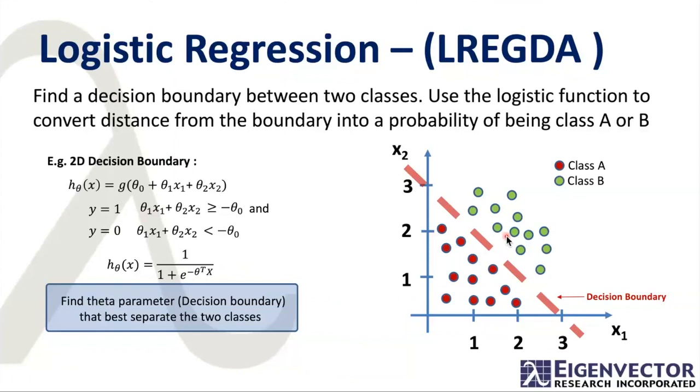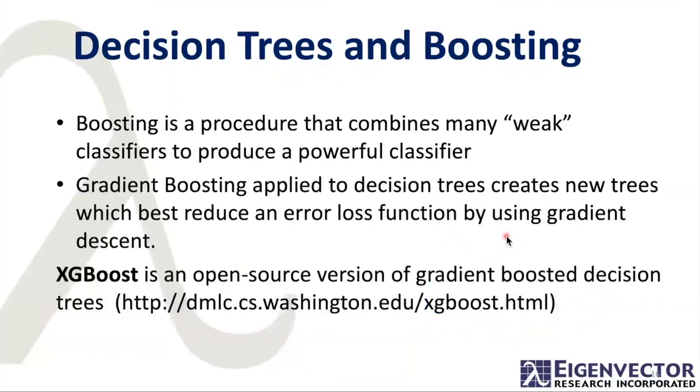Okay, next slide. A recent one that we added, as I mentioned on the lower part of the slide, is XGBoost. That's a gradient boosted decision tree ensemble method. The idea behind boosting of a classifier is that you take a collection of classifiers and combine them, and by combining them you actually get a more powerful classifier.